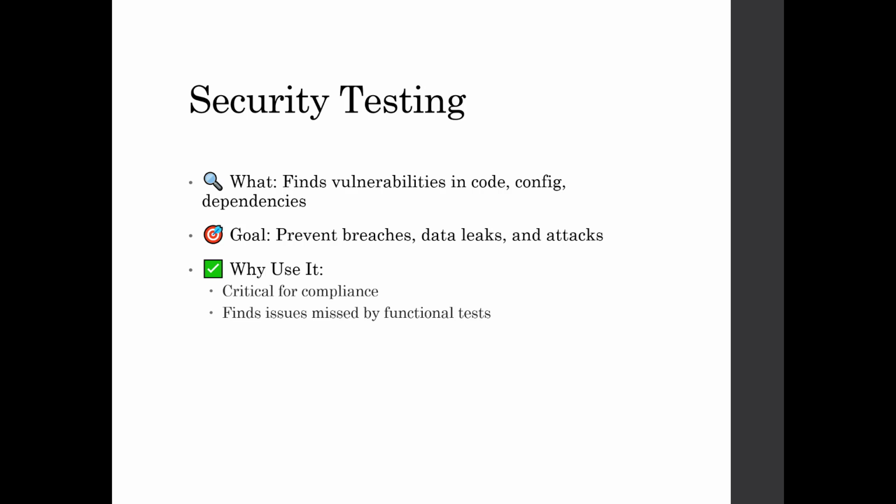So in this video, we're going to talk about what it is, why it matters, what types exist, and how we can integrate it into our workflow. So let's start with the what and the why. What is security testing? It's the process of finding vulnerabilities in your code or in your configurations and dependencies before attackers do.